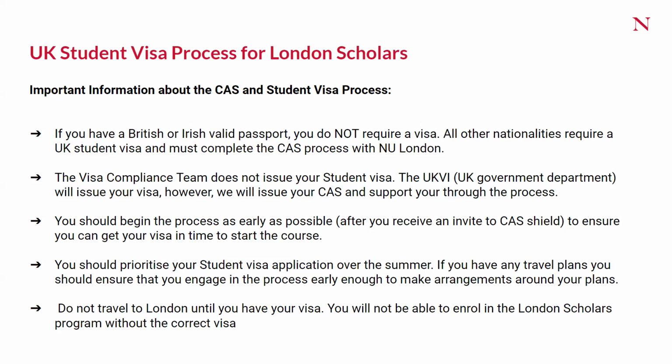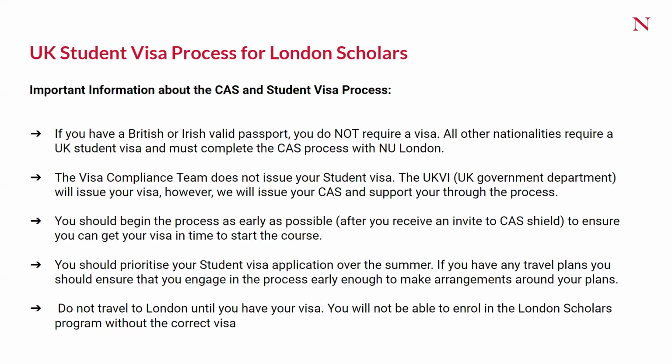All other nationalities require a UK student visa and must complete the CAS process with NU London in order to apply for their visa. Please contact the visa team immediately if you do have a valid British or Irish passport, as you will not have to go through this process.